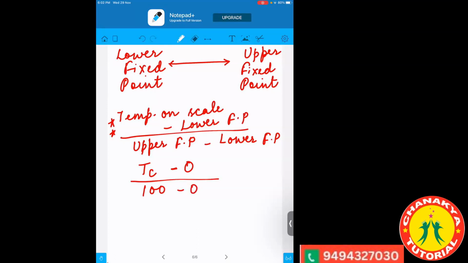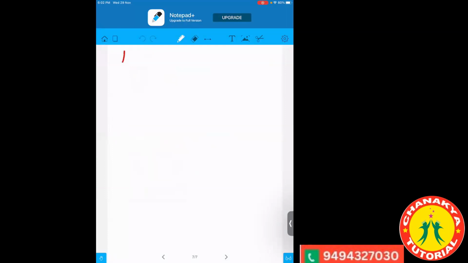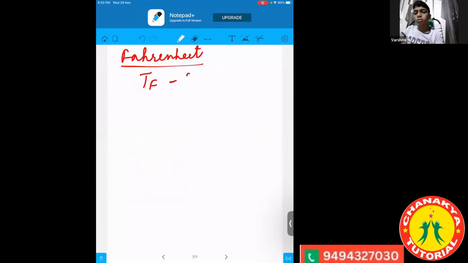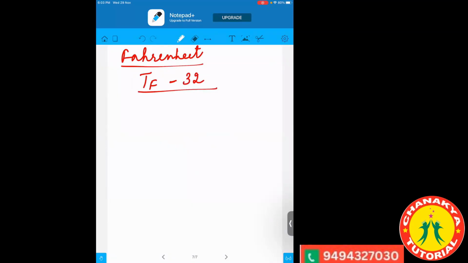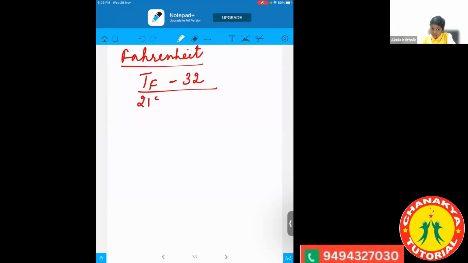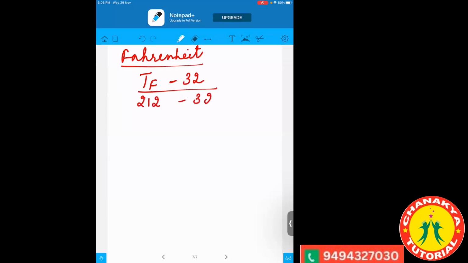Fine. Now, the same goes for the other scales. For example, the Fahrenheit scale. The same formula we apply, writing TF minus the lower point in Fahrenheit, 32. Correct. Divided by the upper point minus the lower point. What is the upper point here? 212, minus 32.